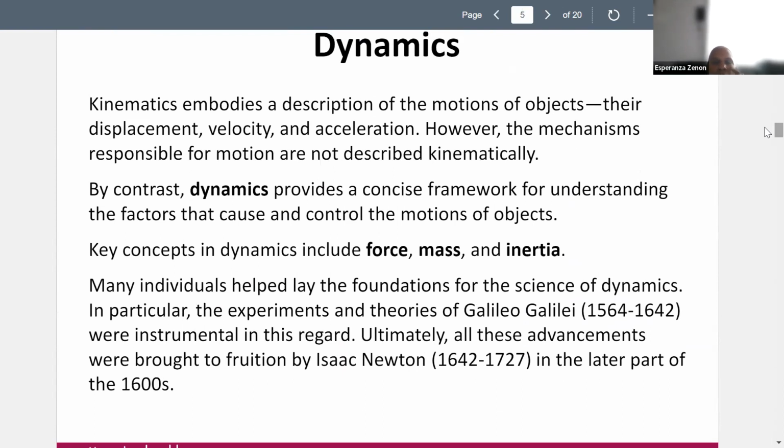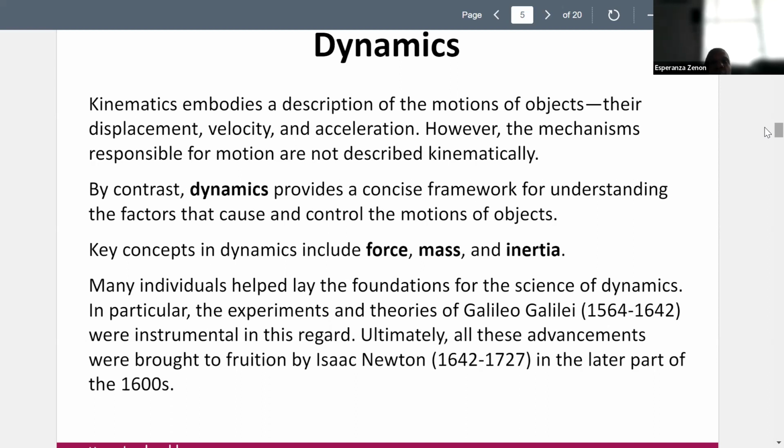So dynamics. So again, when we talk about kinematics, we're talking about describing the motion of the object, looking at things like displacement, velocity, acceleration, time, speed, distance. But nothing in kinematics helps to explain what's responsible for the motion.